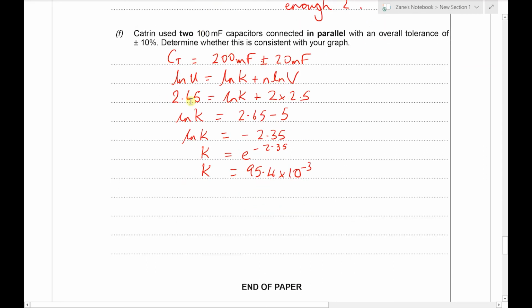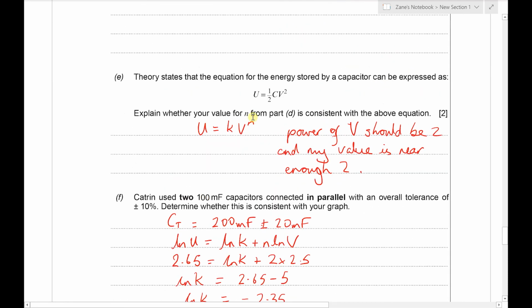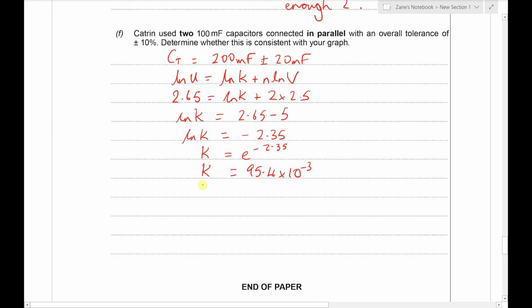So theoretically, going back, comparing our equation U equals kV to the n to U equals a half CV squared, we can see that k should be a half C. And therefore C will be 2k.